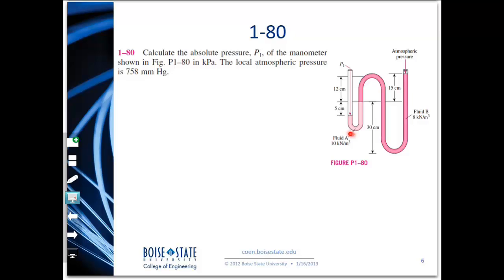However, you're given two different fluids here, fluid A and fluid B, and you're given kilonewton per meter cubed as the quantity. This is nothing but the specific weight that you're given in the problem.